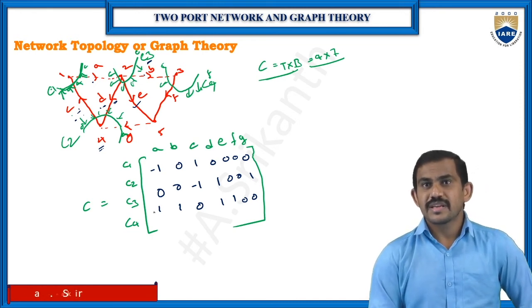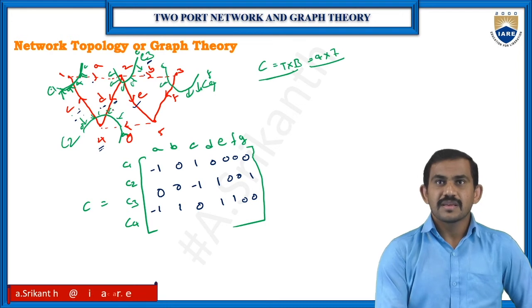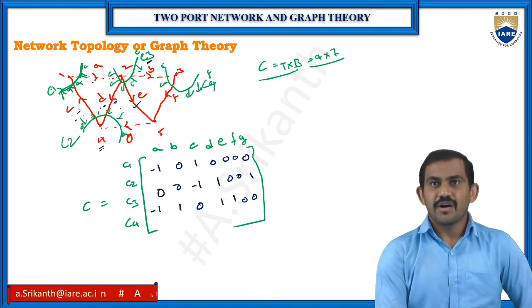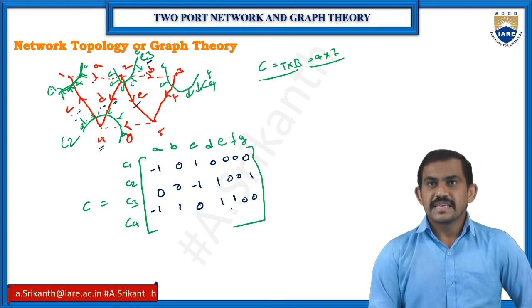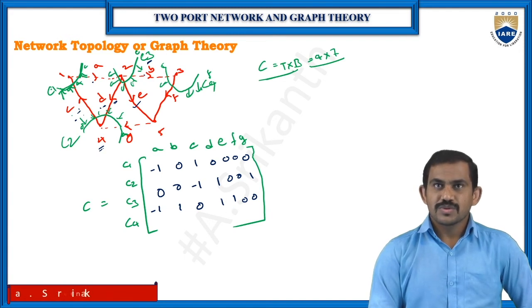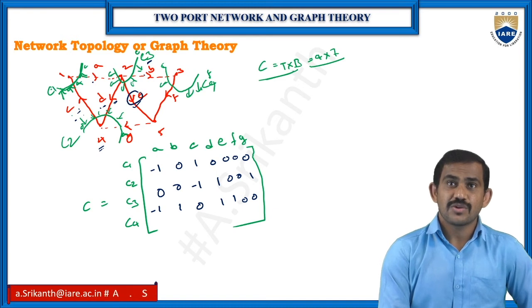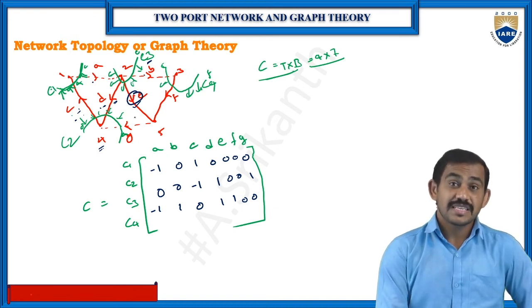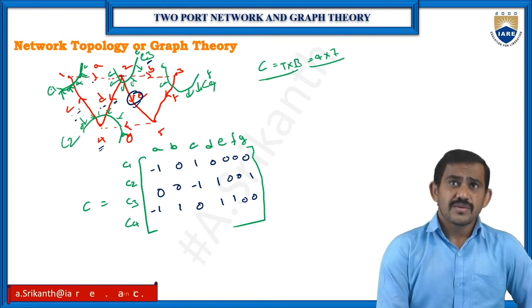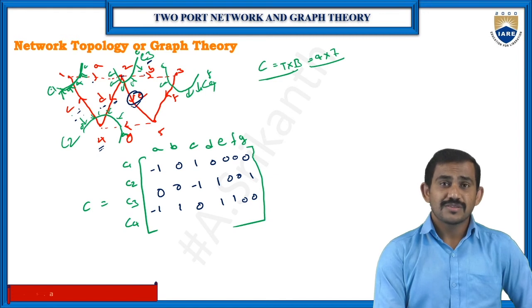So A only incoming, and B, D, E are outgoing, so positive. Why outgoing are positive? Because your E branch is your tree, and the tree direction is outgoing. So at this node, whichever current is outgoing, those branch values are positive.